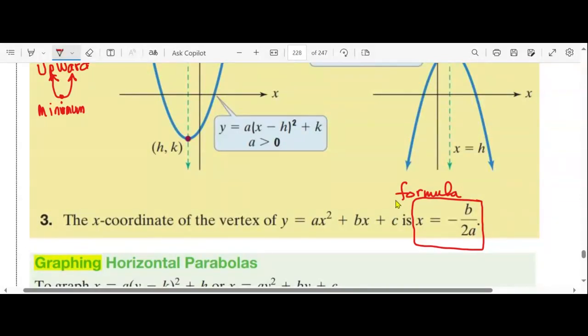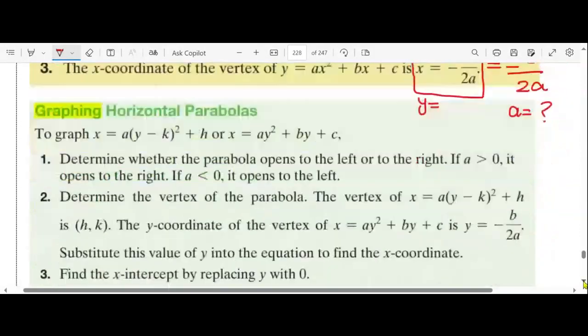Here we always get the x value first, and after you get the x value, you get the y value. What is the x value? It's negative b over 2a. So you need to find how much is b and how much is a. Is this clear? Okay, so let's go to some examples.